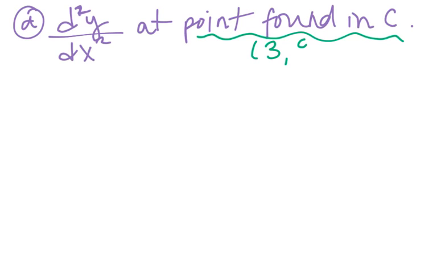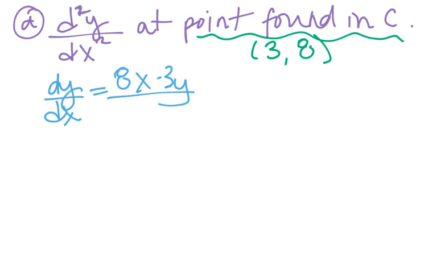It was (3, 8). So we are finding the second derivative at point (3, 8). So let's put what we know down. We already know the first derivative. We know that it is (8x minus 3y) over (3x minus 2y). We're going to need that derivative in order to take the second derivative.